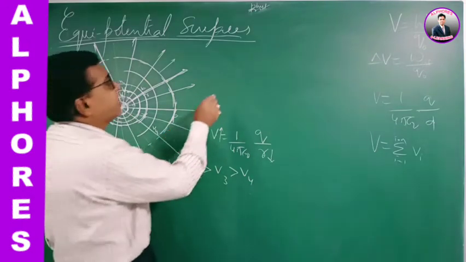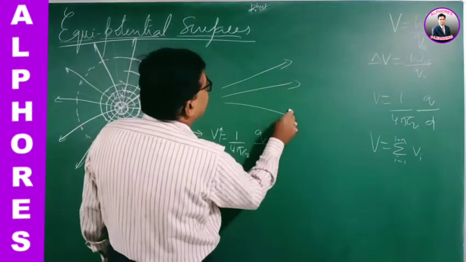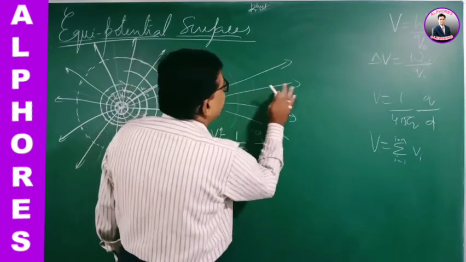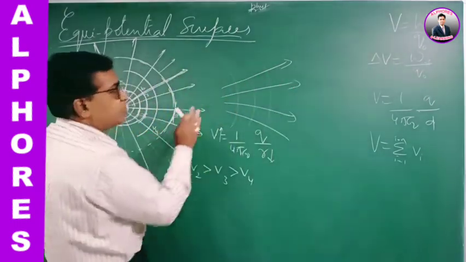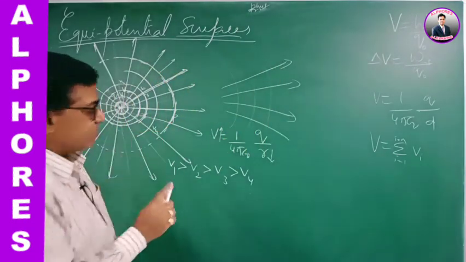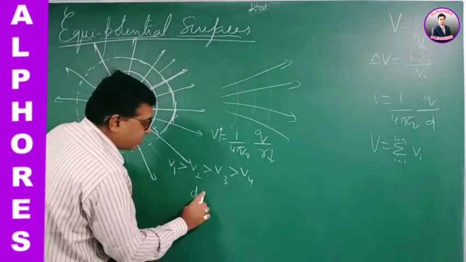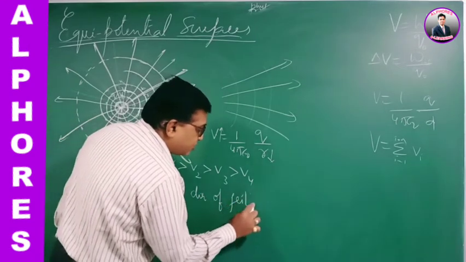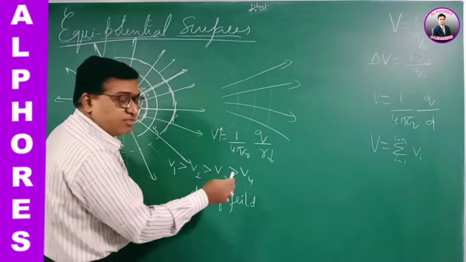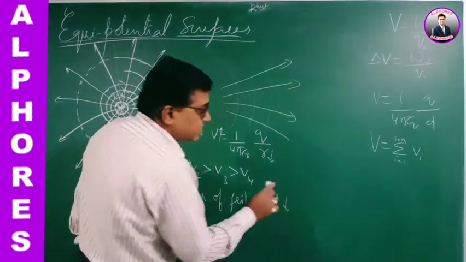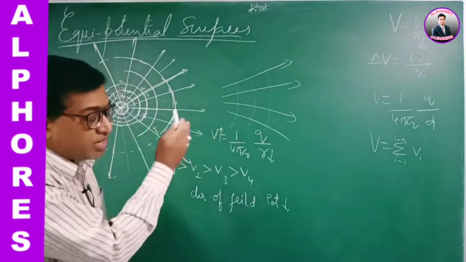So in any electric field, as you move away in the direction of the field, the electric potential decreases.